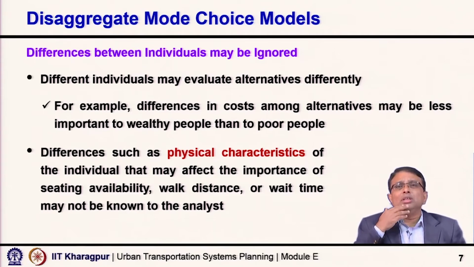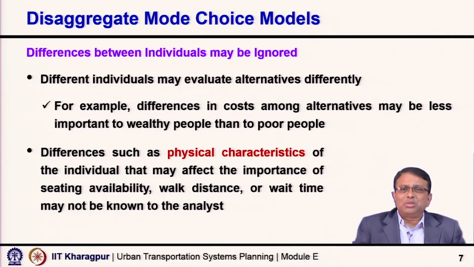There could be other reasons, even the physical characteristics. The choice of mode may depend on the availability of seat in a public transport. A young person may not give it that much weightage, whereas for an elderly person that may be a major consideration.